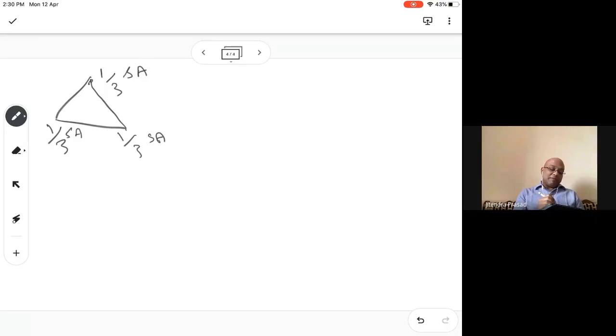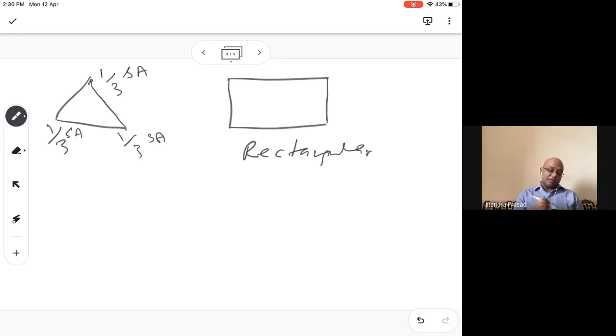Now, if it is a quadrilateral, then also true if it's rectangular. Then it will be 1/4 of S times A. So this is also true.